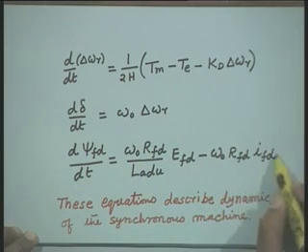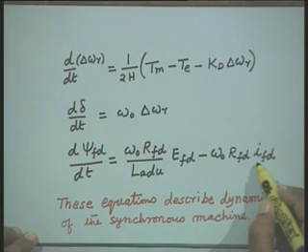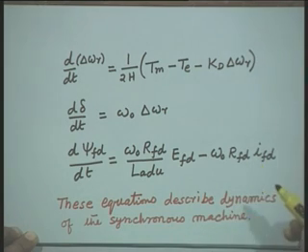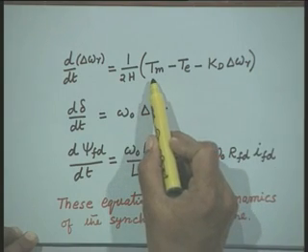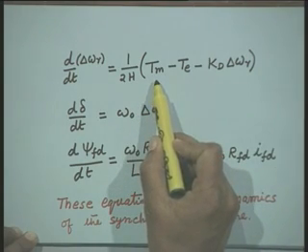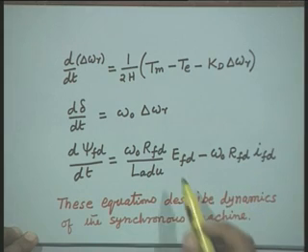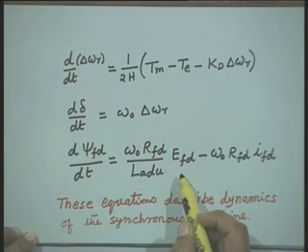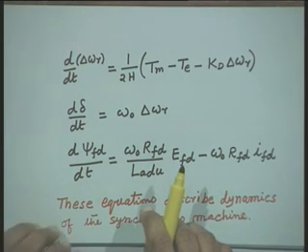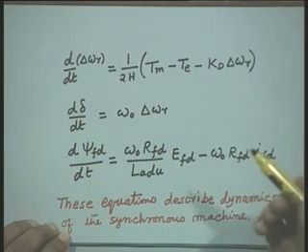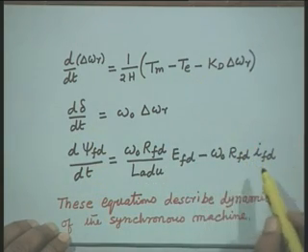Similarly, Ifd, the field current, is neither a state variable nor an input. Tm and Efd are the inputs to the system, that is the mechanical torque applied and the field voltage applied. Therefore, they are the 2 input quantities, and these are the 3 state variables.